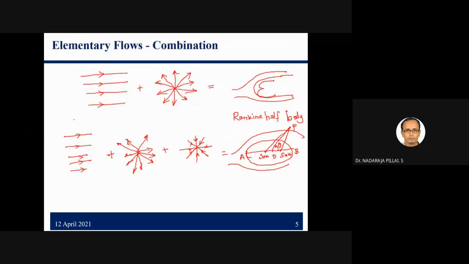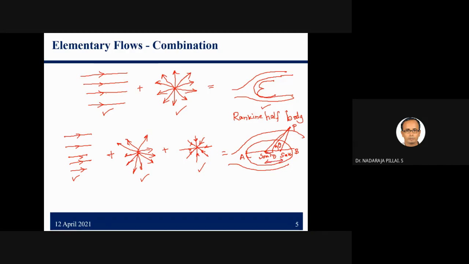So basically we have studied what is uniform flow. Then we have studied uniform flow with the source flow. We have also studied source flow and sink flow separately with the strength. Then uniform flow and the source flow combination give you a Rankine half body. Then I have a uniform flow, source flow, and the sink flow, with the source flow and the sink flow kept at some distance.